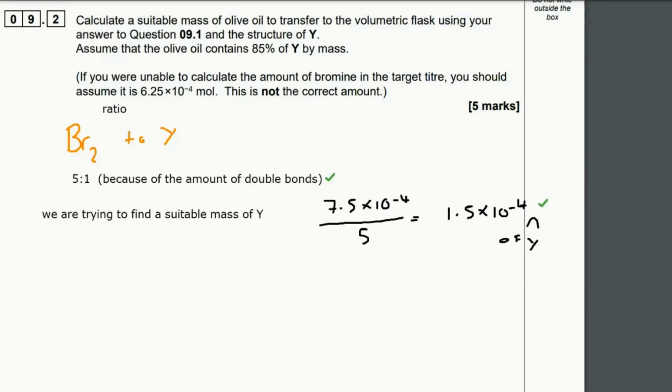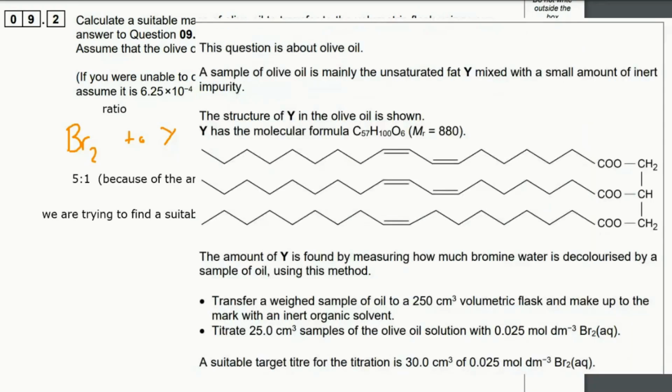Now that we know the moles, we score a mark for that, we now need to work out the mass. We can do that by using the MR and putting it into our moles, mass, and MR equation. If we look at the MR of Y, we can see it's 880 from the stem of the question.